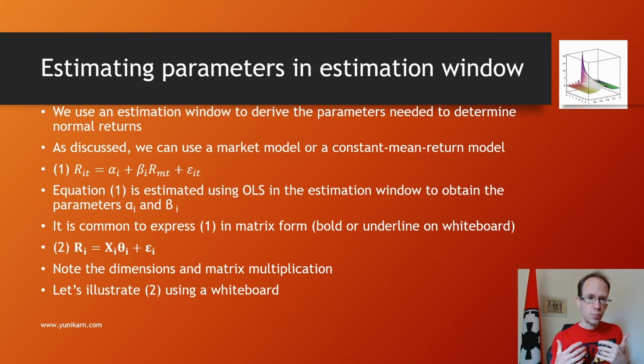Now OLS provides estimates for the alpha_i and the beta_i. Note that these parameters will differ between stocks i. It is common to express equation 1 in matrix form. A matrix or vector is indicated using a bold font in print or using underline on a whiteboard.